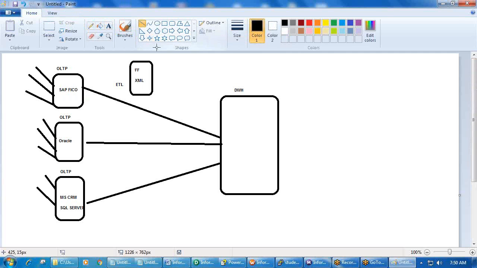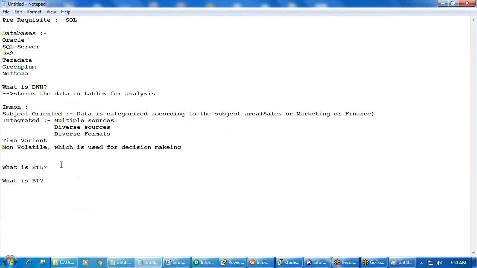Anything could be there. This type of data integration is also called diverse formats of the data. What you see is multiple sources, diverse sources, and diverse formats. That's why the data warehouse is said to be an integrated system.